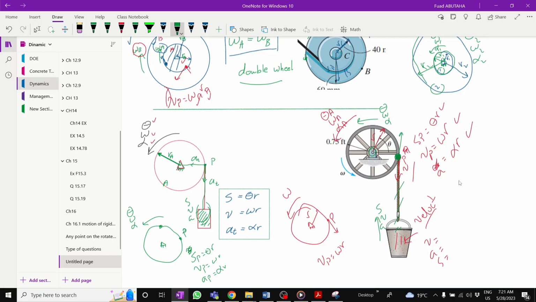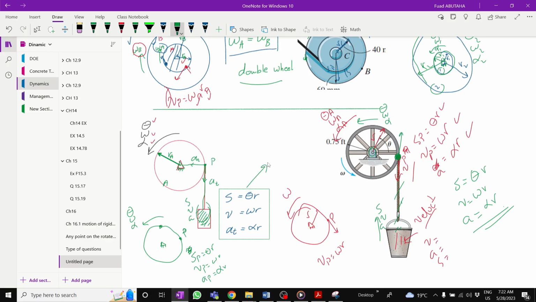So the position, as you remember, at any point will be theta times the radius, the velocity will be omega times the radius, and the acceleration will be alpha times the radius. So at this point, we will get the same velocity and acceleration as this particle.